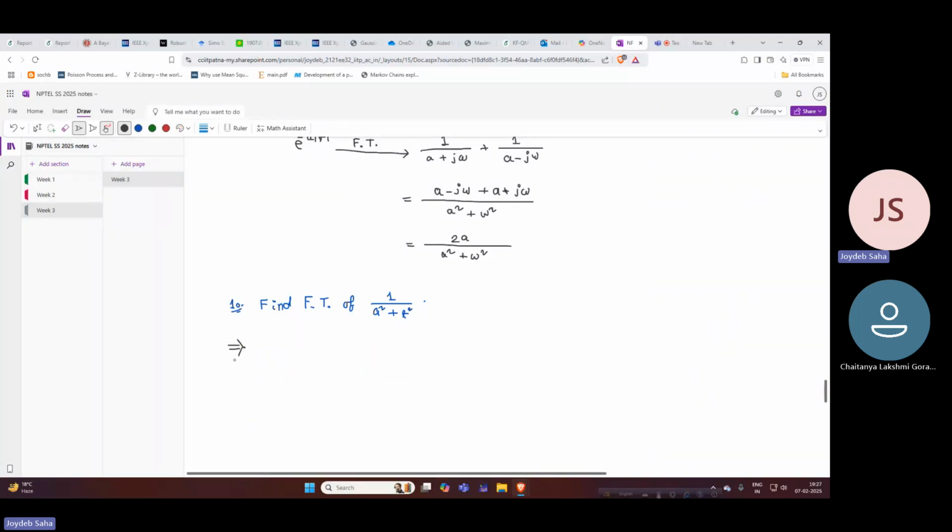If I give you 1 or 2 minutes, can you try to solve this question? Find the Fourier transform of 1 upon a square plus t square. Please solve and tell me the answer.